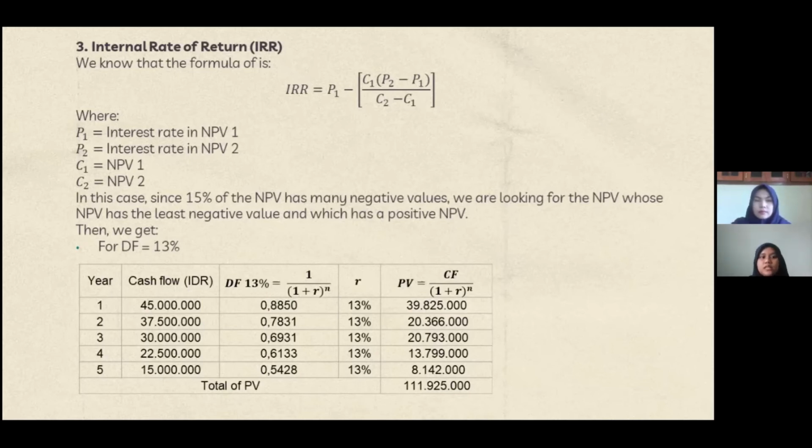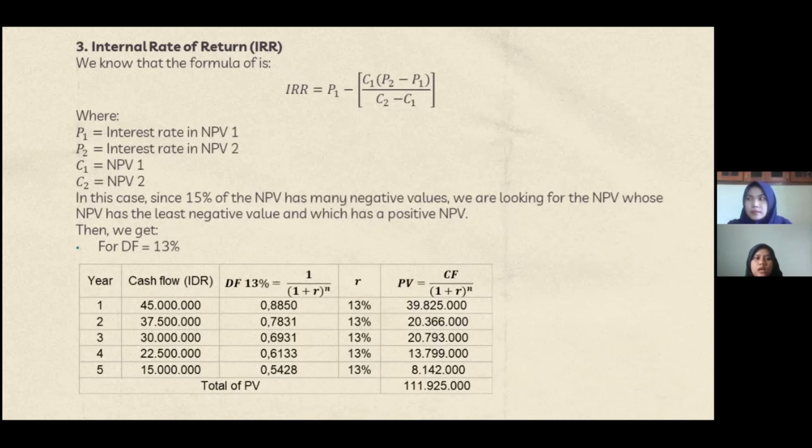In this case, since the NPV at 15% is quite negative, we look for the NPV with the least negative value and one which has a positive NPV.